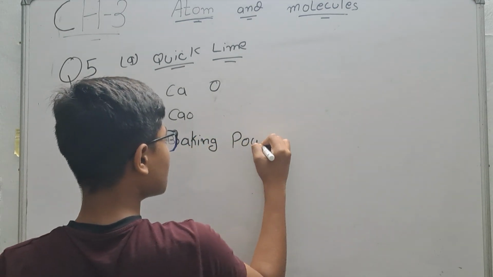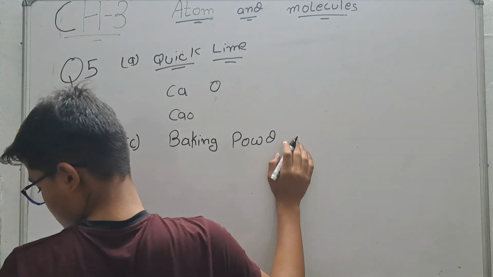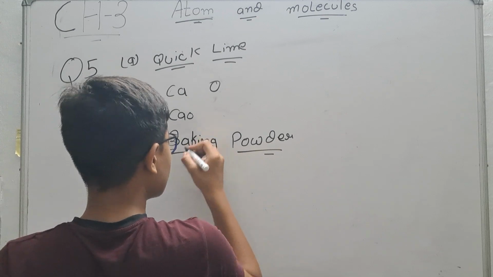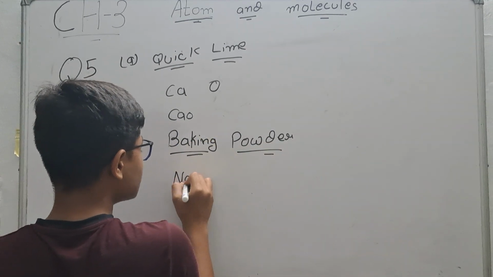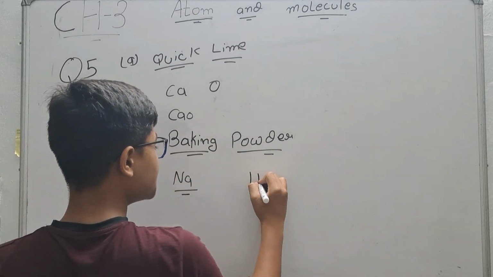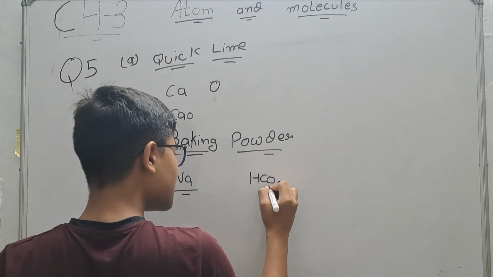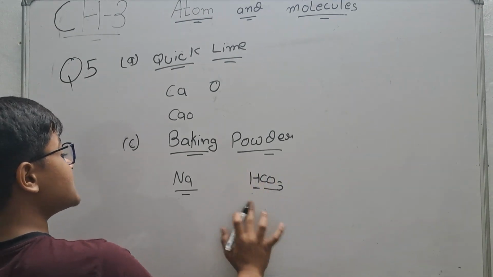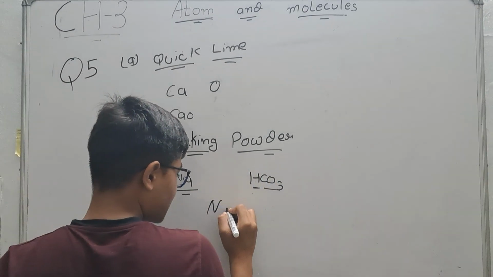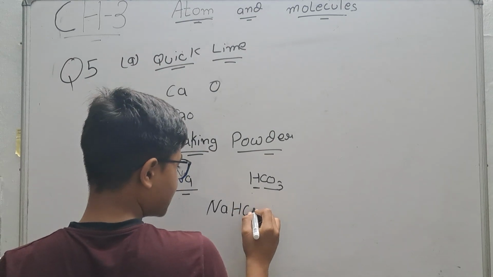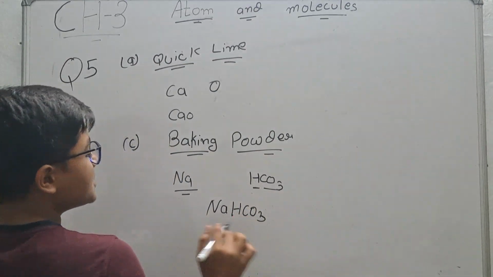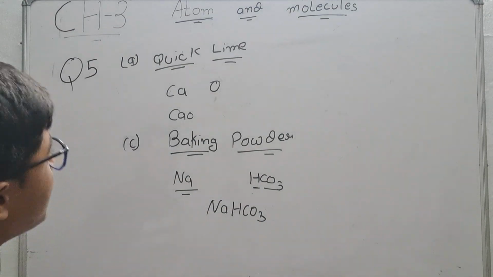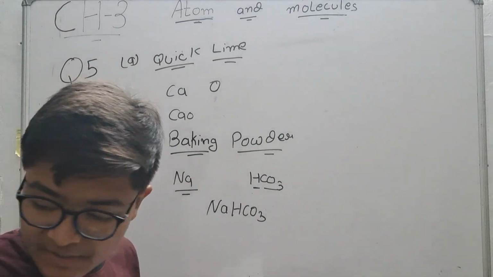Sodium is denoted by Na and bicarbonate is denoted by HCO3. Carbonate and hydrogen is known as bicarbonate in solution like this. When you attach both of them, we will get NaHCO3. NaHCO3 will be your answer. Now, the remaining 2 I am giving in homework.